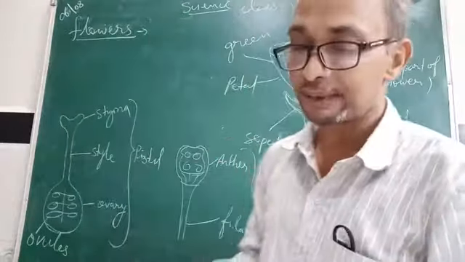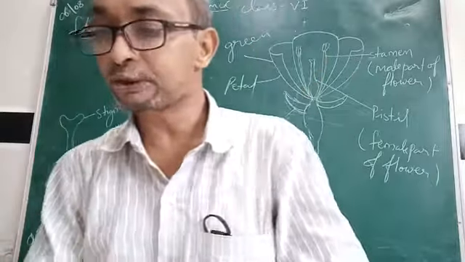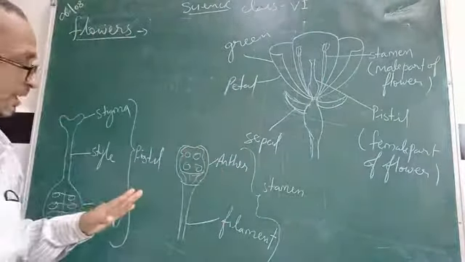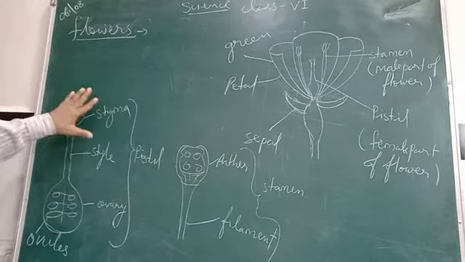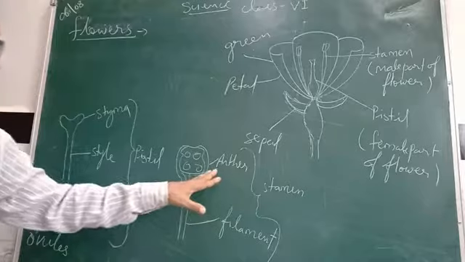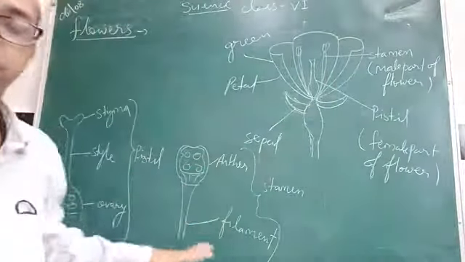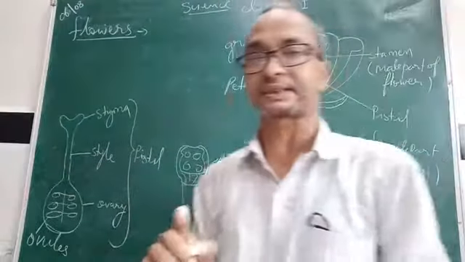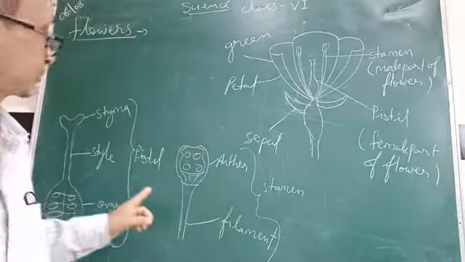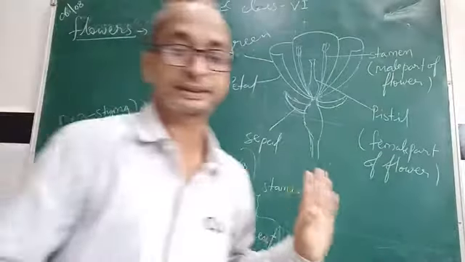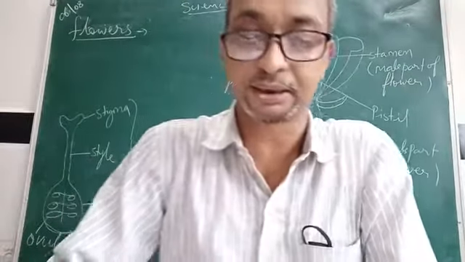The stamen is the male part of the flower and the pistil is the female part of the flower. Means the pistil has the female sex organs and the stamen has the male sex organs. There are two types of sex organs, male sex organs and female sex organs.